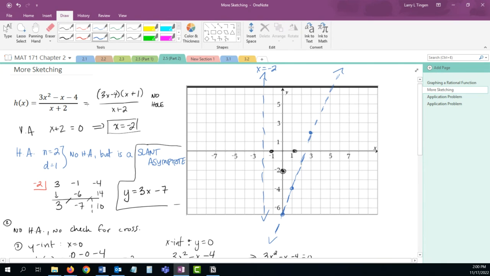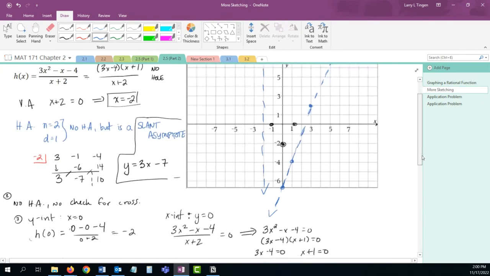My slant asymptote is taking care of really just the end behavior, because that's what horizontal or slant asymptotes do. So I need to be to the left of -2, and I need some more values over here to the right so that I can get an idea of what this graph is supposed to look like. Okay, so let's find some more points.